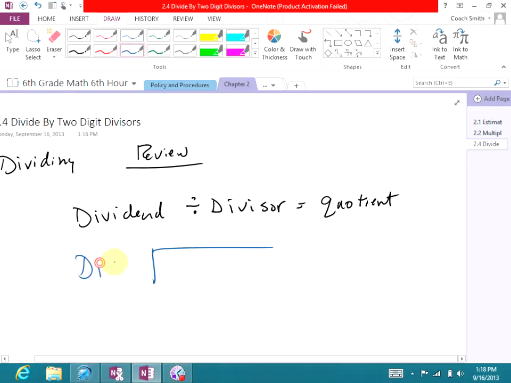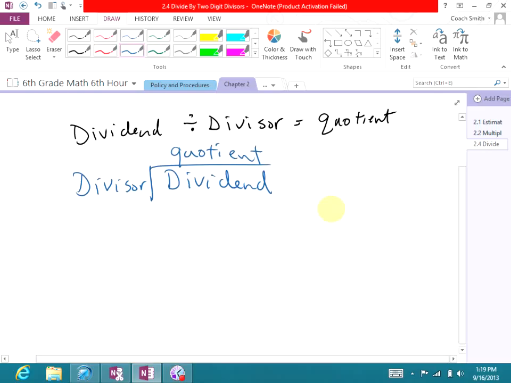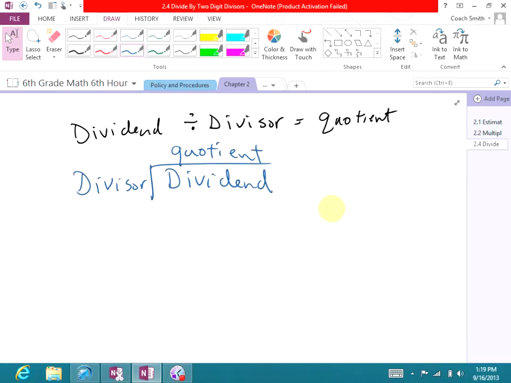It would be divisor, dividend, quotient. Okay? That's how the parts look.